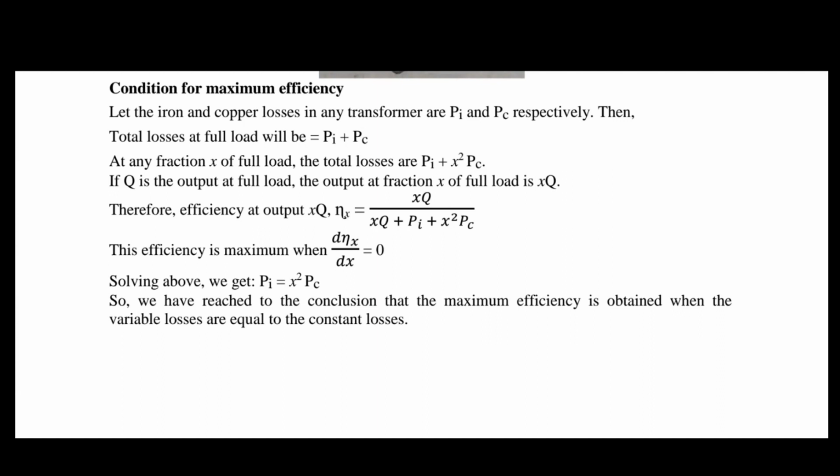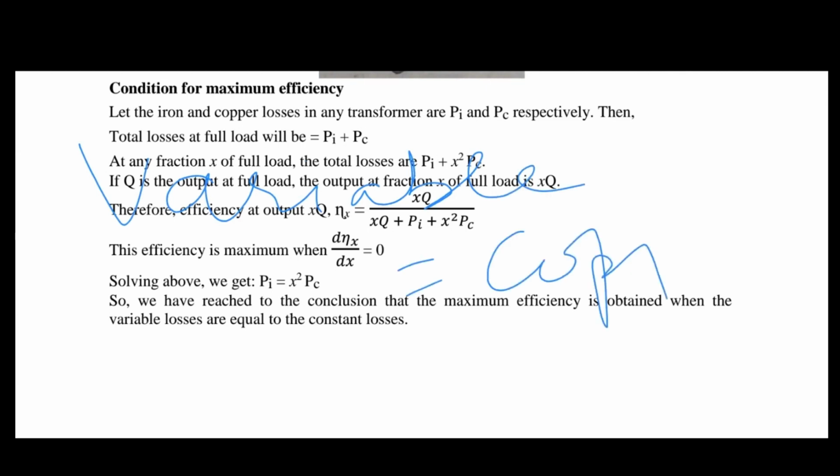So those components, friction and windage losses, are neglected at the moment. Now what are the copper losses? Variable losses are copper losses. First thing first, variable loss is equal to copper loss.